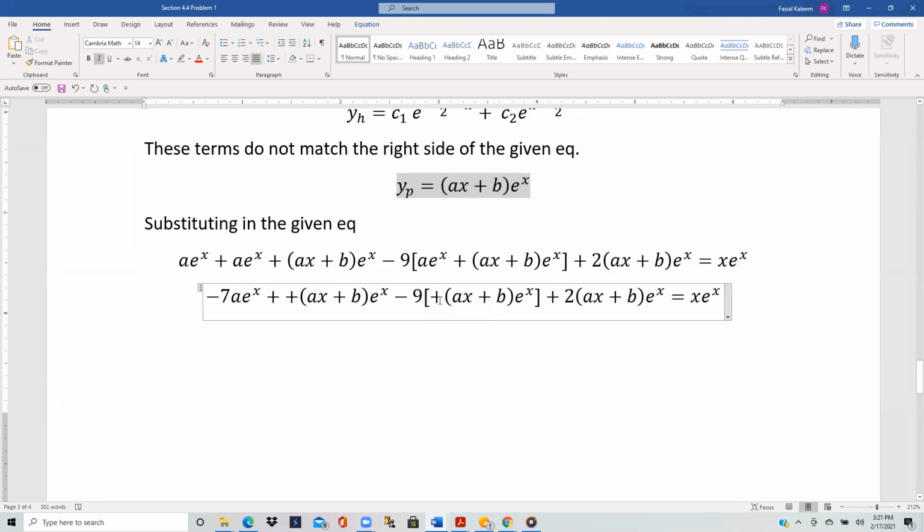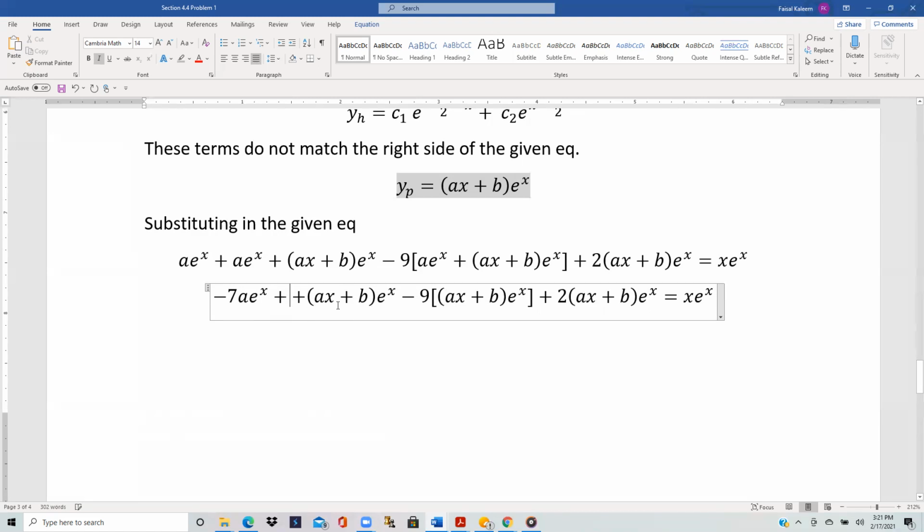Okay. And then what do I have after that? After that, I have this one is ax ex when I distribute. This is minus 9 ax ex. So ax ex minus 9 ax ex is negative 8 ax ex. And then another 2 ax ex. So negative 8 plus 2 is negative 6.